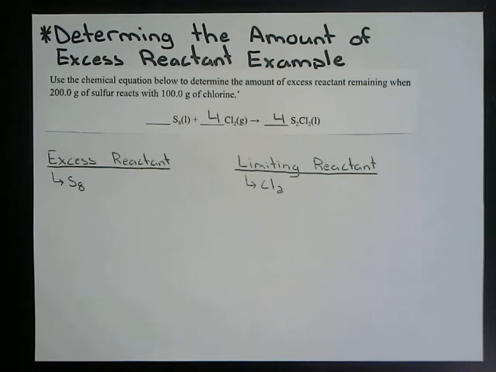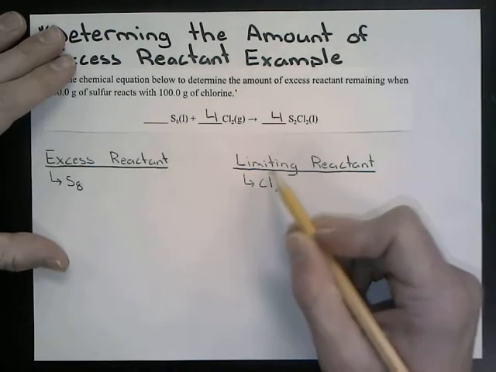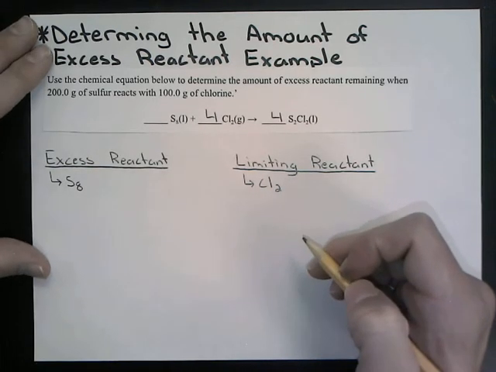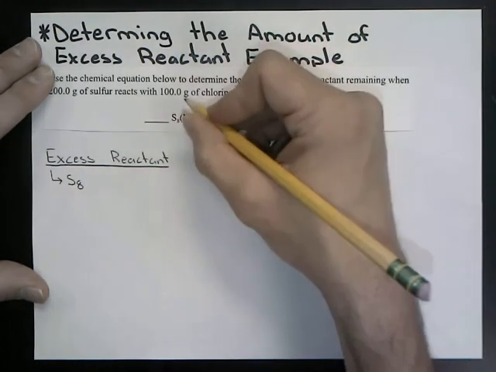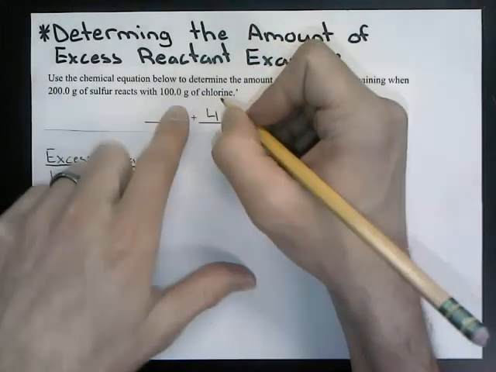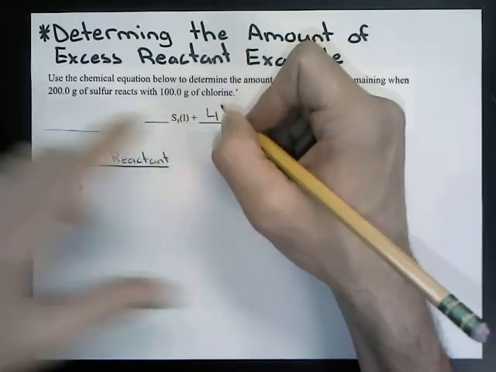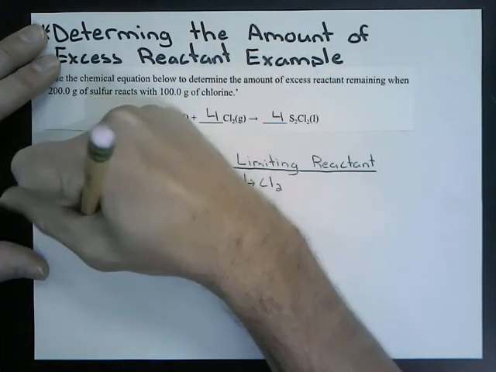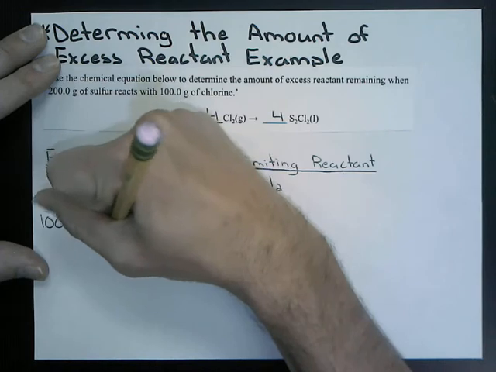Now, the steps that we just went over to find out how much S8 remains after the reaction goes by is this. We do a very unique step where we convert the amount of limiting reactant to excess reactant. So we start out here with how much limiting reactant that we started with, which was 100 grams. And this is 100 grams of Cl2.